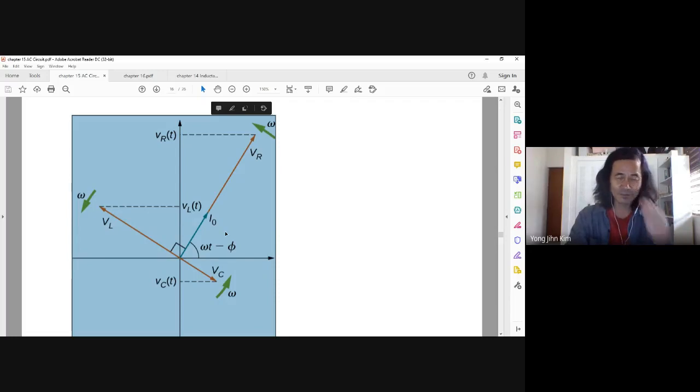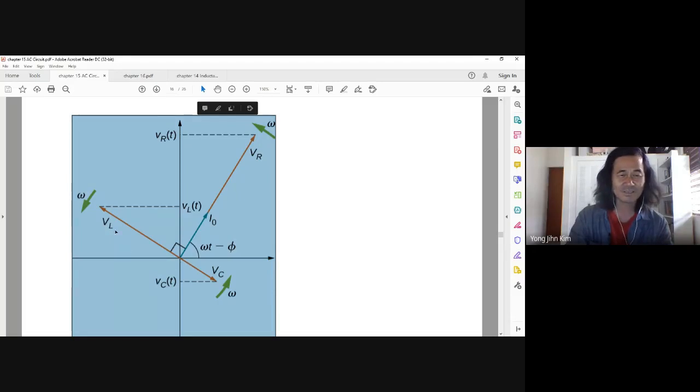And you remember the current is the same for the resistor, capacitor, and inductor. For the capacitor, current leads the voltage by pi over 2. So if the current phasor is here for the capacitor, then the voltage phasor should be here, at an angle pi over 2 behind.